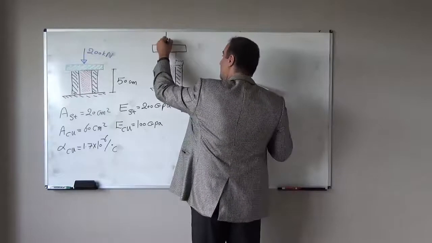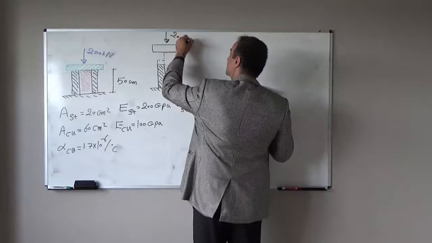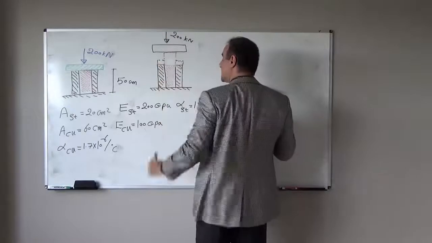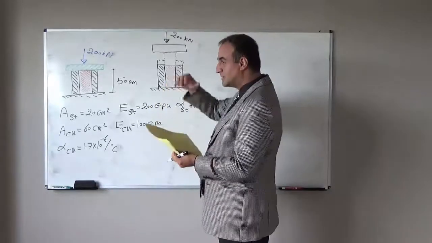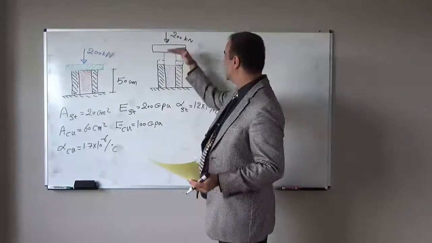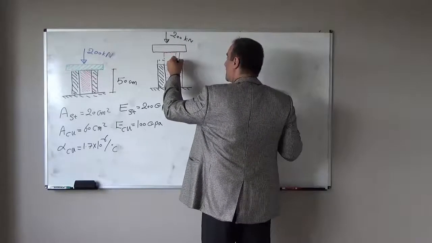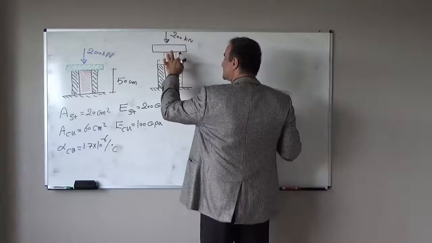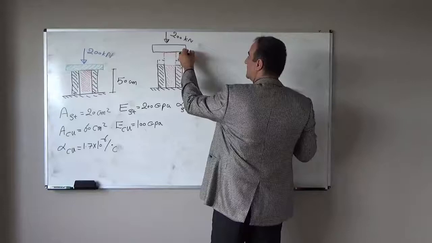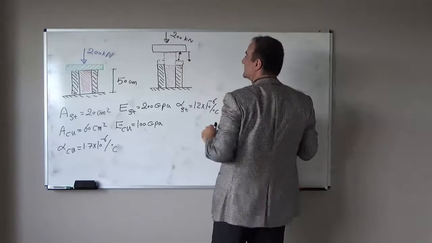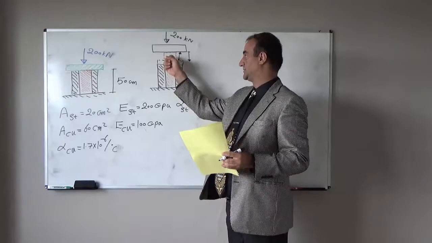If I apply force, this copper rod will compress. It will squeeze that copper rod and it will deform down. If it deforms up to here, exactly the plate comes here. From here it comes up to here. All force will transfer to the copper.